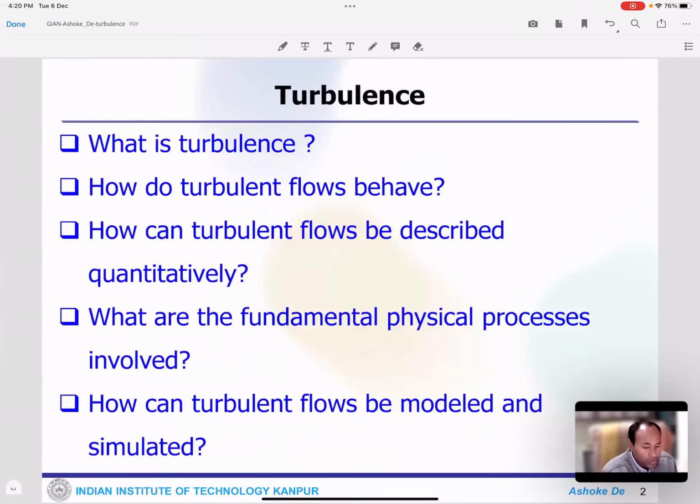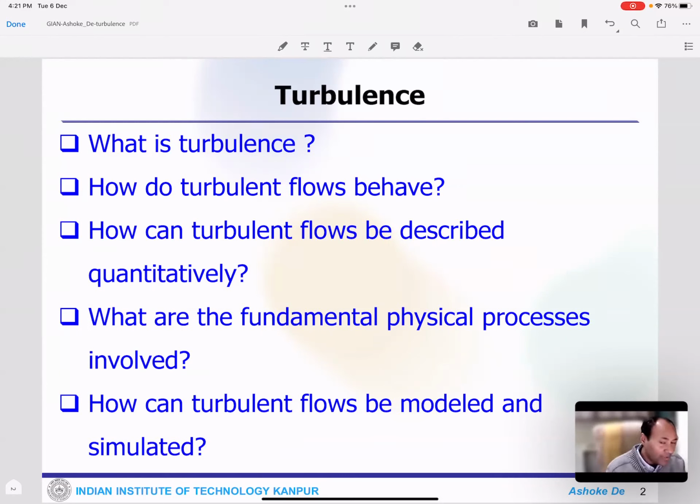What we'll go about is first talk about what turbulence is, and how turbulent flows behave. Then we can talk about some of the fundamental features associated with turbulent flows, and how we model them.